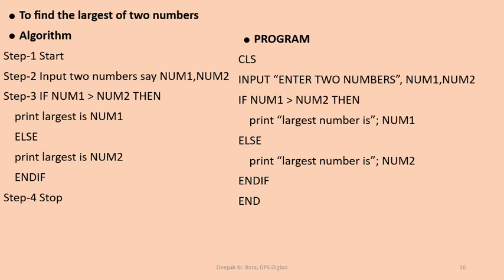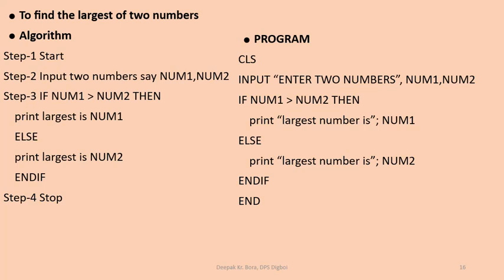If it is true, it will print largest number is num1. If it is false, then it will jump to this statement. So this is also known as a jumping statement. Here the program counter will jump. It will not follow a sequential order as we have seen in the previous programs.